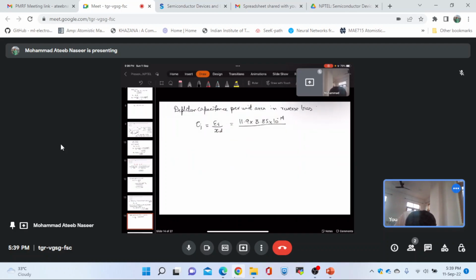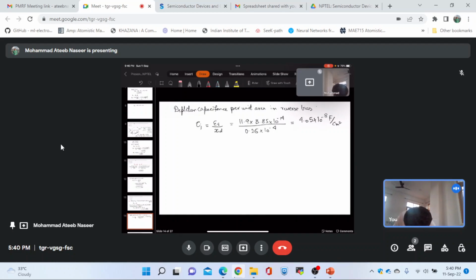So it will simply be equal to 0.26 into 10 raised power minus 4, and this will turn out to be, if I solve it on my calculator, so it comes out to be equal to 4.05 into 10 raised power minus 8 farad per centimeter square.